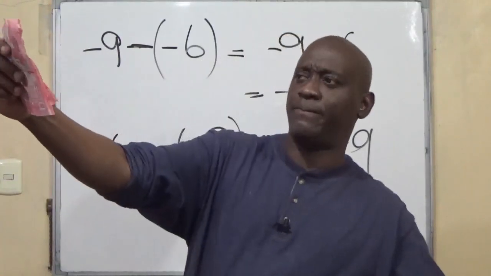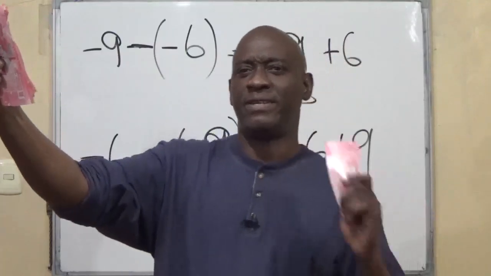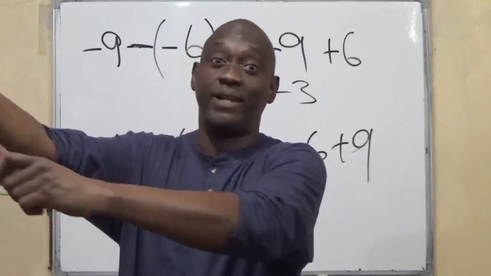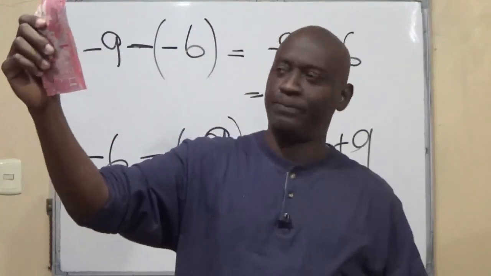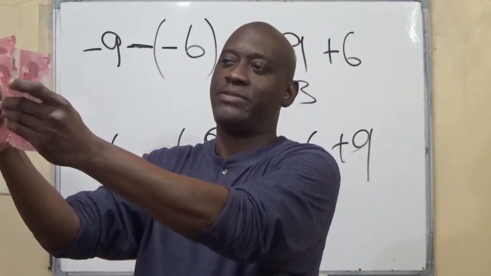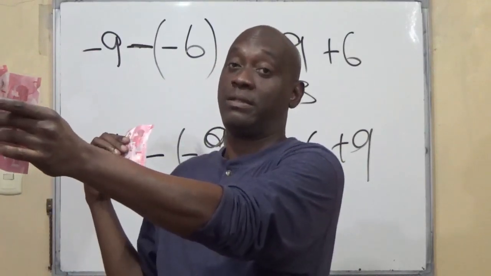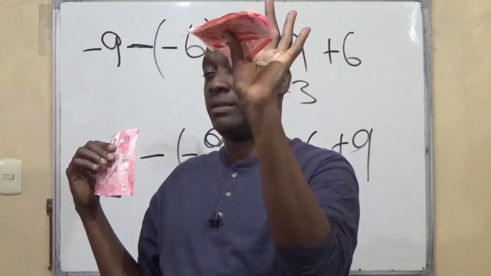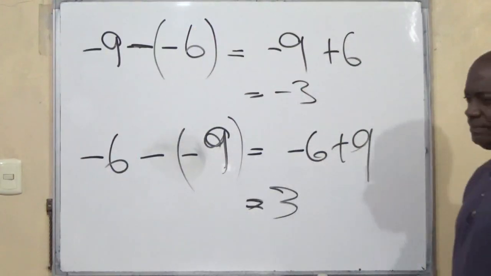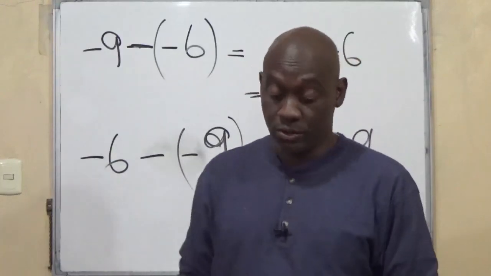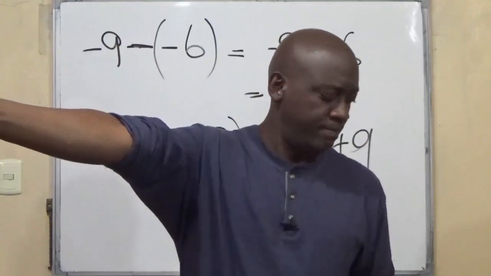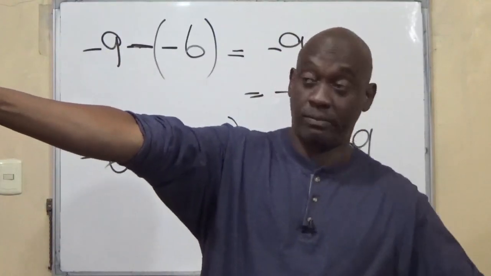So 9 gone, and instead of 6 going, which would be 9 gone and 6 gone, is 15 gone. 9 having gone, 6 return, which means you still have 3 outstanding. Yeah? Right. On the other hand, if 6 gone, 1, 2, 3, 4, 5, 6, boom, 6 gone, right?